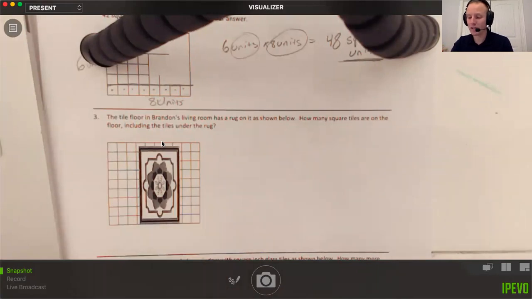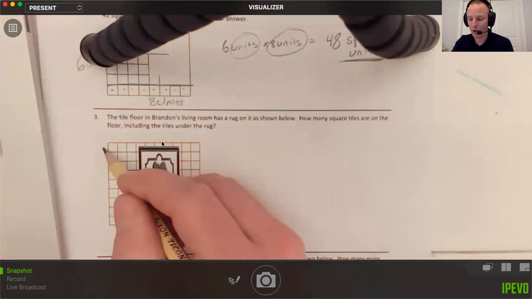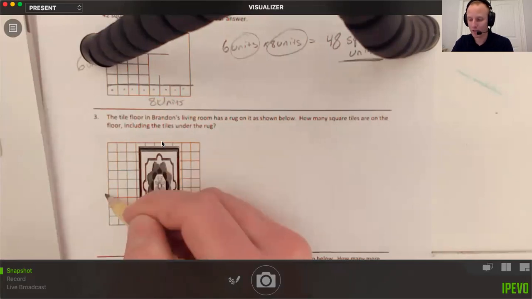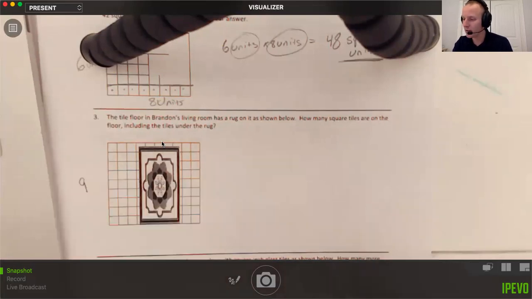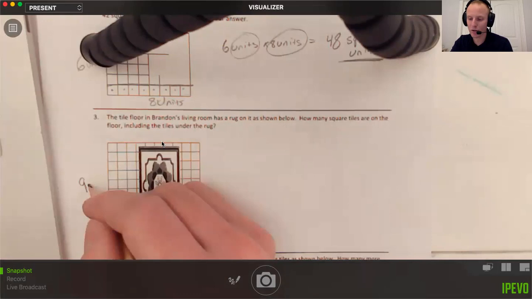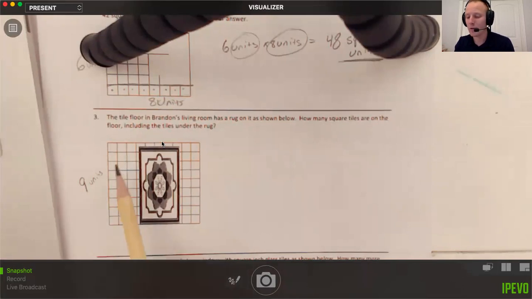Well, the first and easiest thing to do is figure out this side length right here, because we can just count that. 1, 2, 3, 4, 5, 6, 7, 8, 9. So 9 doesn't give us a unit, so we'll just call it units. It doesn't say feet or inches or anything like that. I assume it's feet.